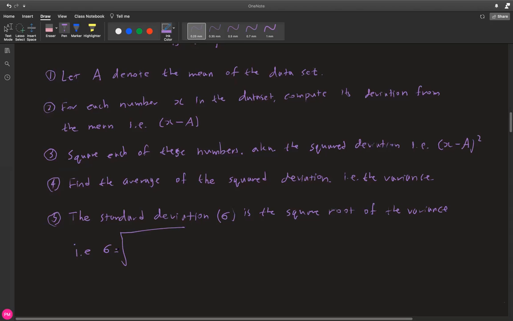So the standard deviation, this is not a 6, this is a sigma, is the square root of the sum of x minus the average, you square each of them, and you divide it by the size of the data. And this is very complicated, but I personally do prefer this notation. Hopefully it'll make more sense after a few examples.